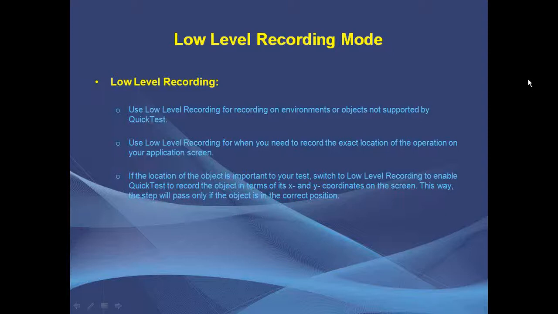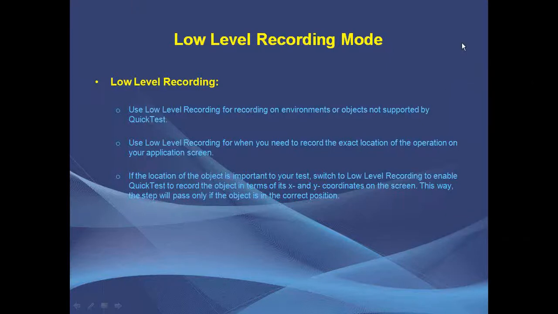If the location of the object is important to your test, switch to low level recording to enable QuickTest to record the object in terms of its x and y coordinates on the screen. This way the step will be passed only if the object is in the correct position.